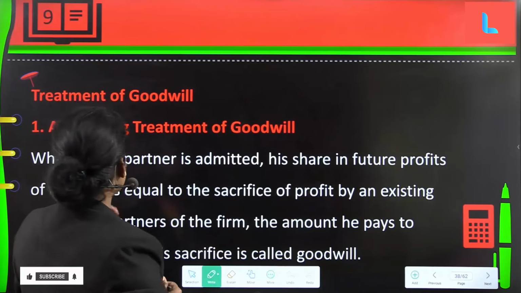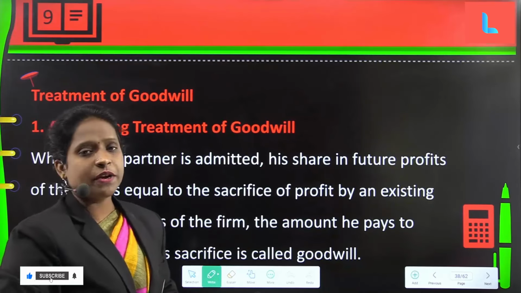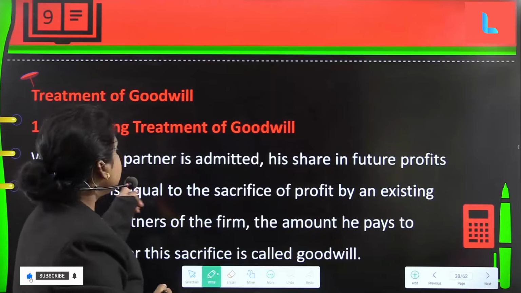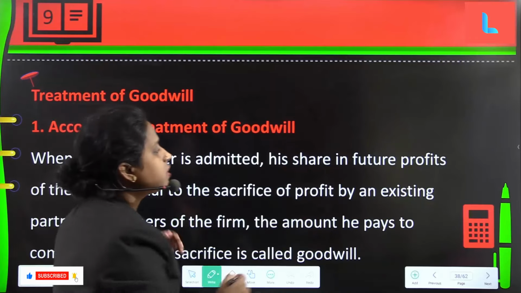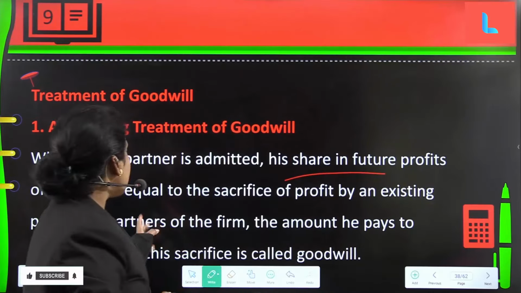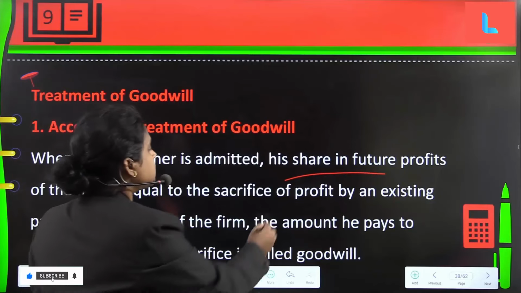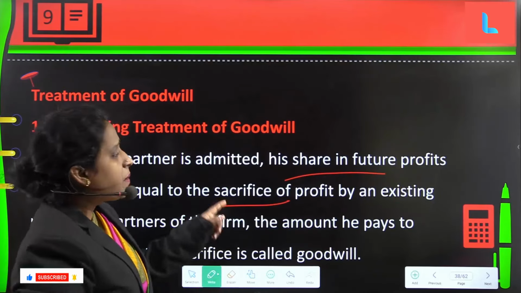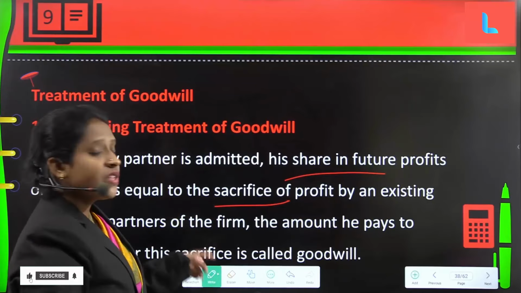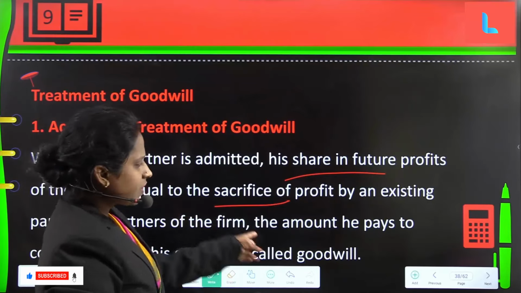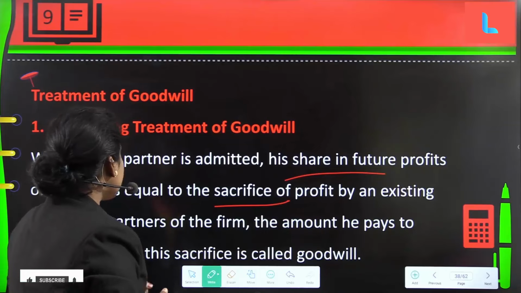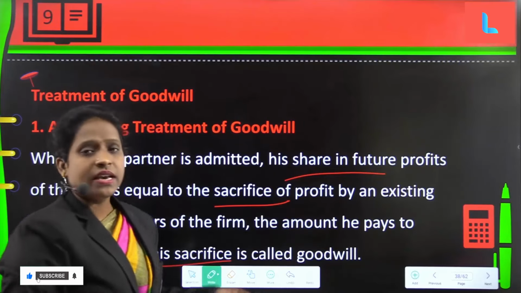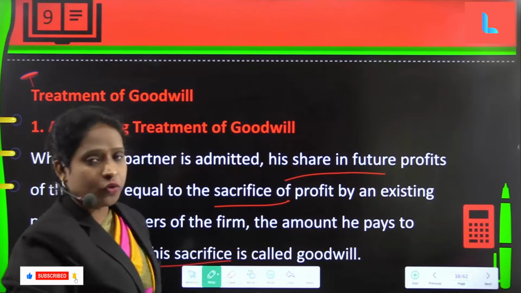So let's discuss the accounting treatment of goodwill. When a new partner is admitted, the share in future profits of the firm is equal to the sacrifice of profit by an existing partner or partners of the firm. The amount he pays to compensate for this sacrifice is called goodwill. Right?